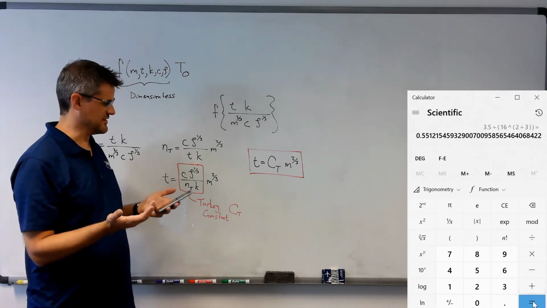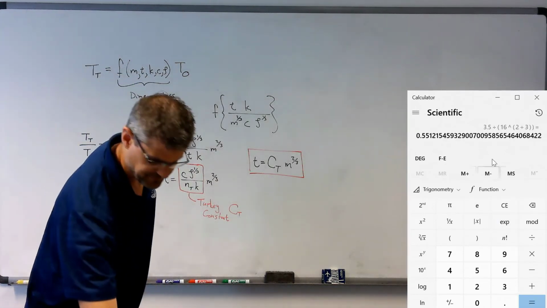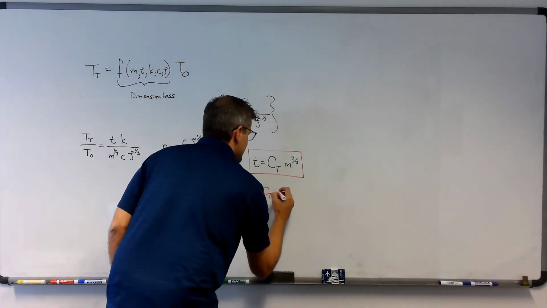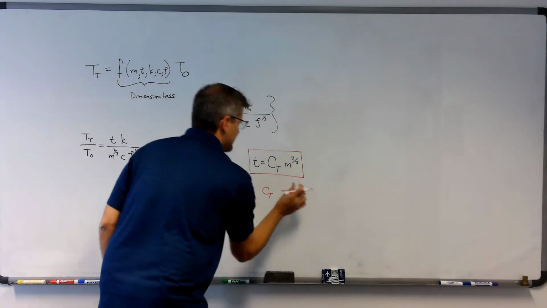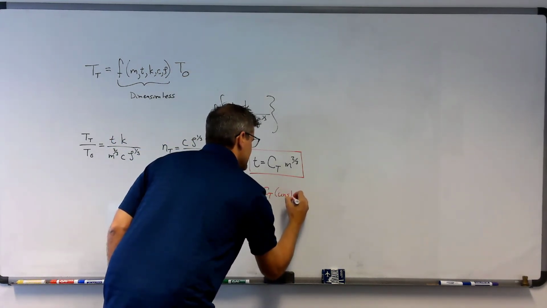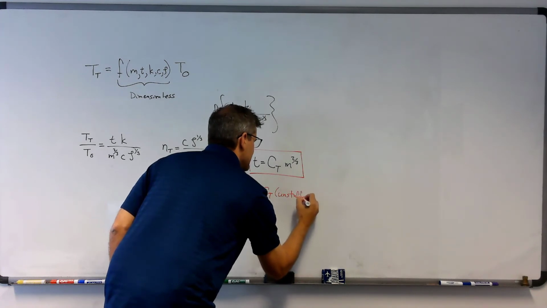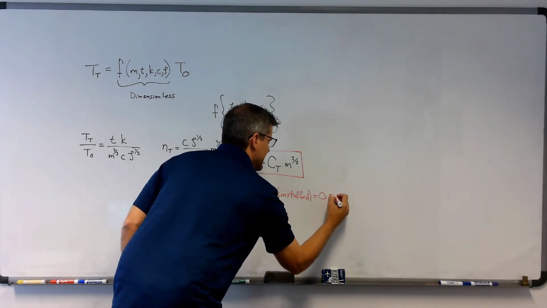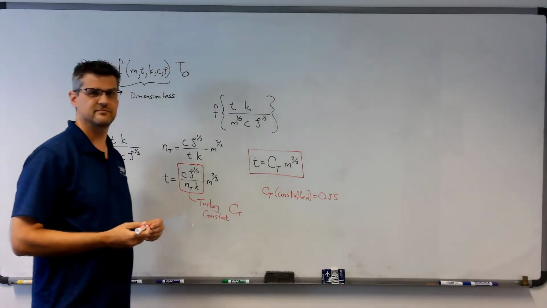I've got something like 0.55. So C_t for an unstuffed bird is something like 0.55, give or take.